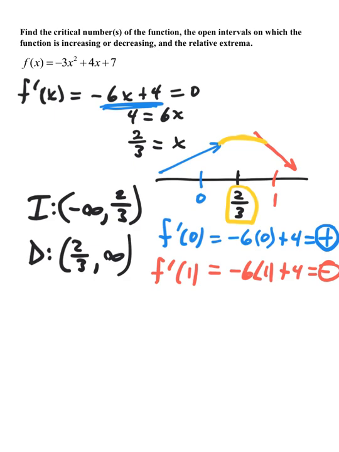So we've got our critical number of 2/3. We've identified the intervals of increasing and decreasing. And then our last part is the relative extrema. Because 2/3 is the only critical number, and it marks the location where increasing becomes decreasing, we're at a maximum.